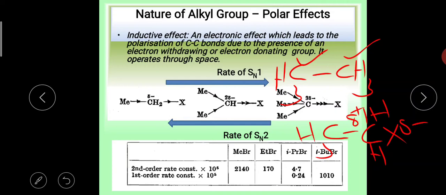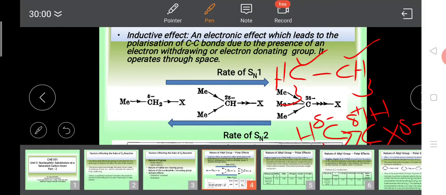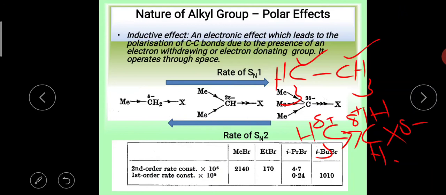Since this bears a positive charge, the electron will move towards your carbon. As a result, this becomes slightly positive and this carbon becomes slightly negative. Now I can say that my carbon-carbon bond has become polarized due to the presence of an electron withdrawing group.